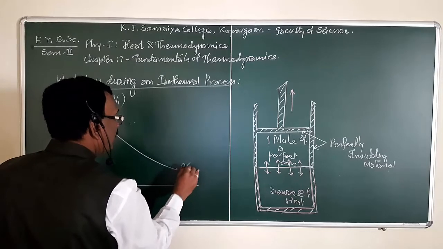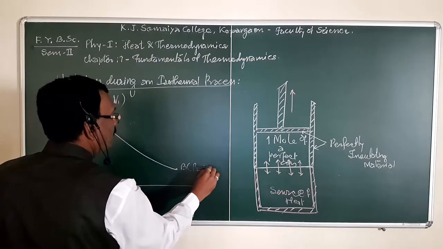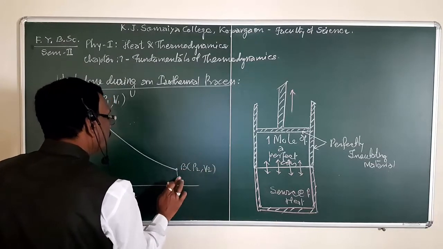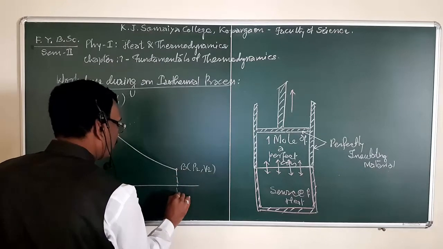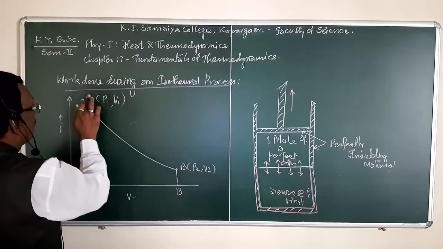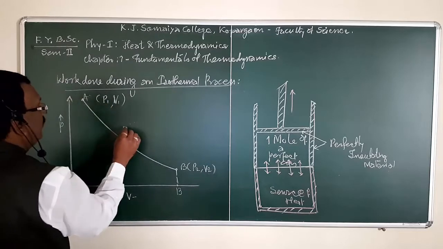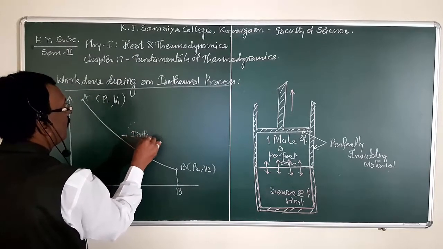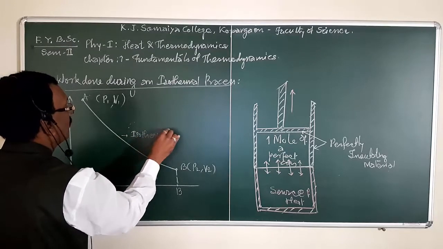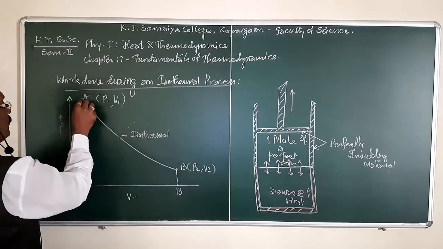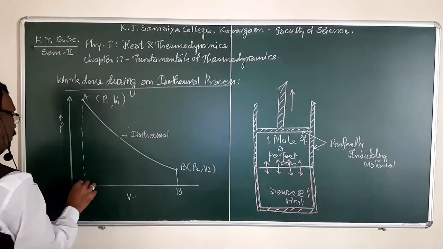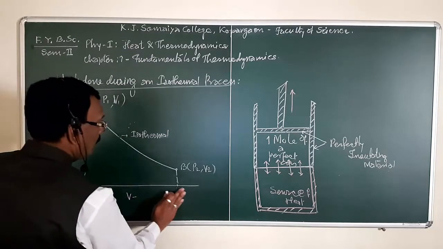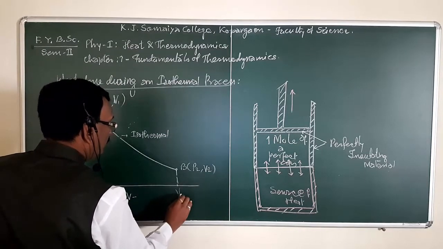B represents the final state, where the pressure is P2 and the volume is V2. So AB is the isothermal curve, or simply the isothermal. Here the volume is V1 and here the volume is V2.